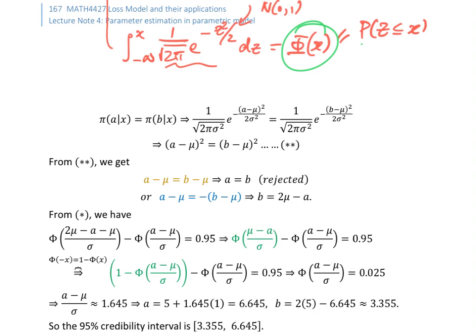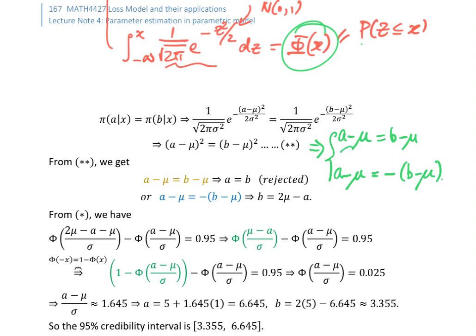Of course, the next thing is you can take the square root. By taking the square root, you will have two solutions. One is a minus mu equal to b minus mu. Another one is a minus mu equal to minus b minus mu. Which one should you take?